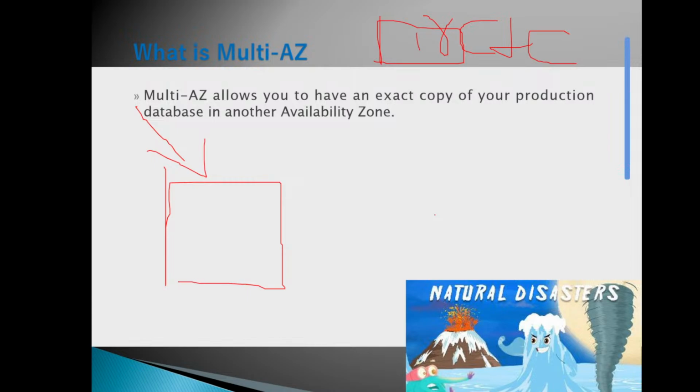But if the database goes down behind the scenes, what will you do? What will the user get? Your front end user will get some error like the database is not working or another error.